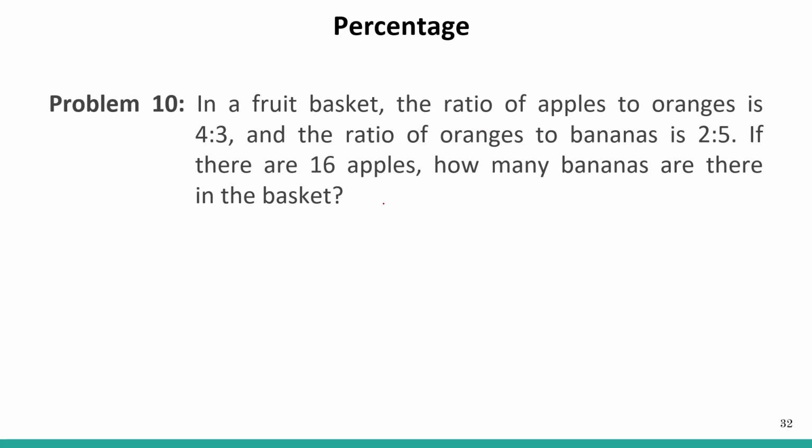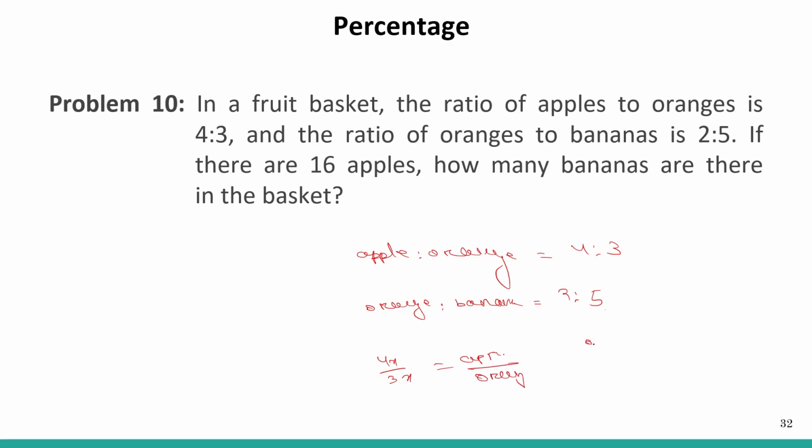I have a fruit basket, and the ratio of apples to oranges is 4:3. And oranges to bananas is 2:5. So it can be written as 4x by 3x, which is apple by orange.